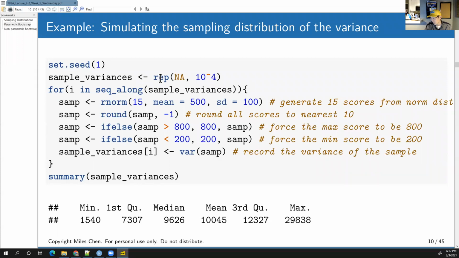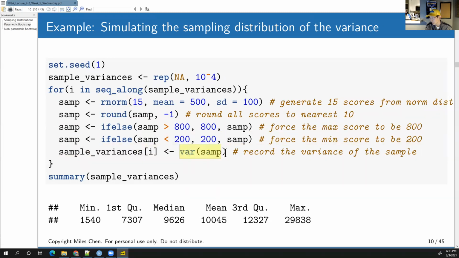So here I just create a vector to store all of the sample variances that I'm going to observe. This vector is of length 10,000. Okay. And then for each thing in sample variances, we're going to do the same thing. We're going to take a sample of 15 values from the normal distribution. We're going to round them off to the nearest 10. We're going to cap it at 800 and put a cap at 200 on the low end.